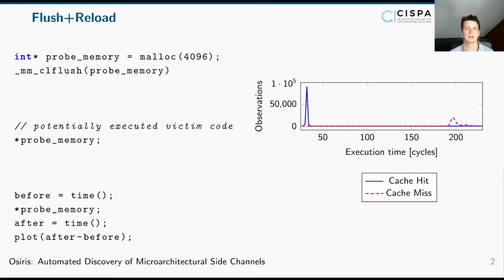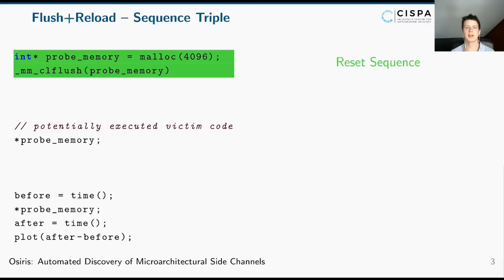If you now take a look at similar side channels, you start seeing some similarities between them. More precisely, we refer to them as consisting of 3 different sequences. Our first sequence is the so-called reset sequence, as we reset our CPU component to a known state. In this case, the state is that our memory address is no longer in the CPU cache.